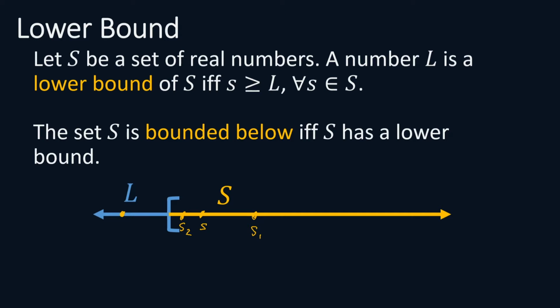Take note, however, that the lower bound may not necessarily be unique, so you may identify several points here in the blue ray, and each of these points in the blue ray would be less than or equal to all elements of S. There are also cases that the lower bound is included in the set S, but it's also possible that the lower bound is not an element of the set S. All elements of the set S must be greater than or equal to the lower bound.